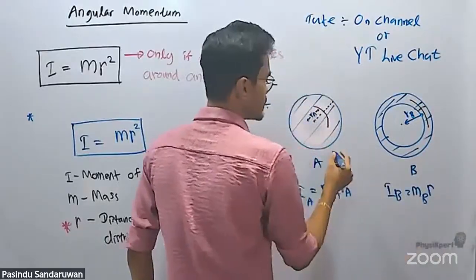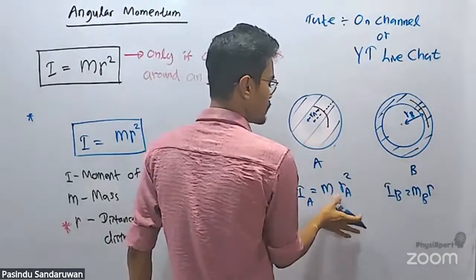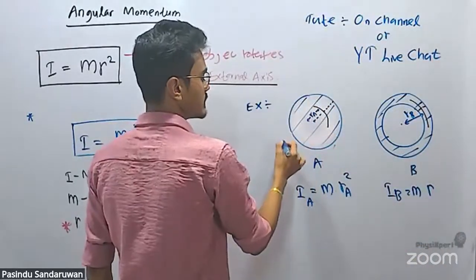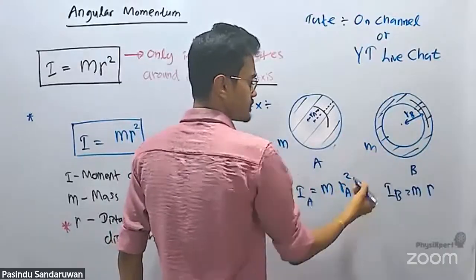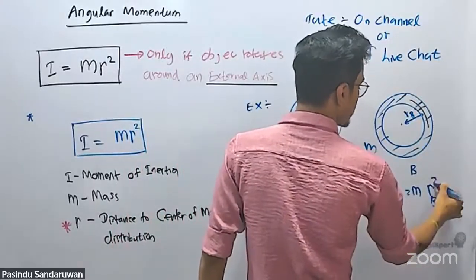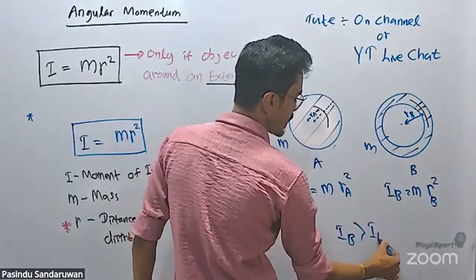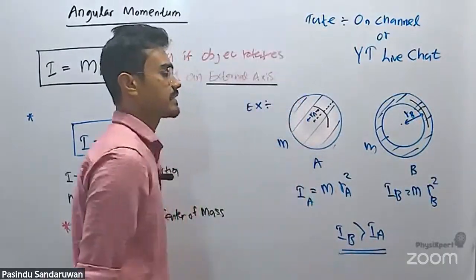Let's consider equal masses for your understanding, say this is also M and this is also M. Now it's easy to compare. For sure, we can say IB is greater than IA. So likewise, we can make decisions.